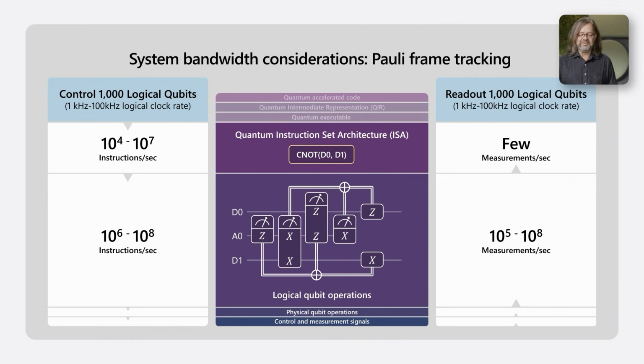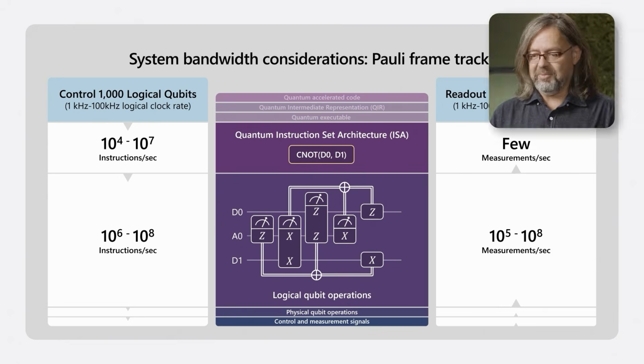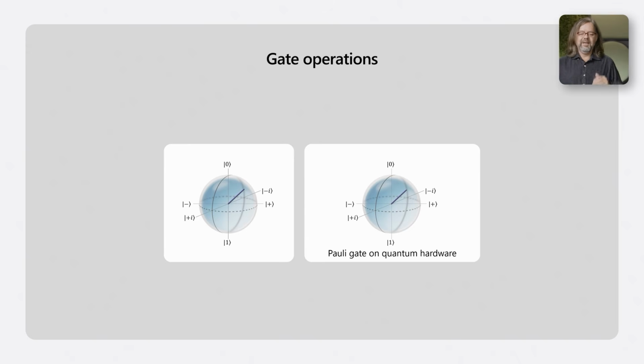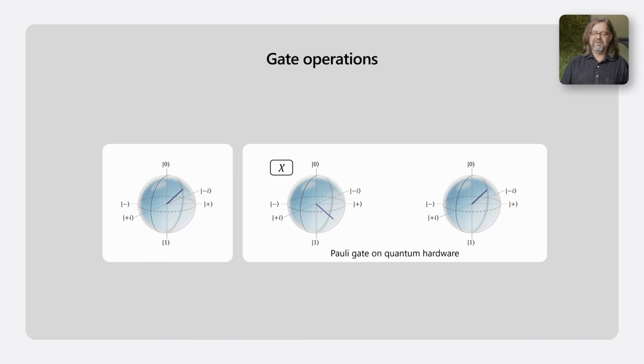So those are the 5 cycles that I would need to translate the CNOT instructions to the surface code operations. But I can further simplify it, because it turns out that I do not have to apply the Z and the X gate to the qubit. I can deal with those gates classically in something that is called Pauli frame tracking. While the X gate flips the 0 and 1 state, and I can apply that to a qubit to flip the qubit, or the Z gate flips the phase, so it changes the plus state into the minus state, and vice versa.